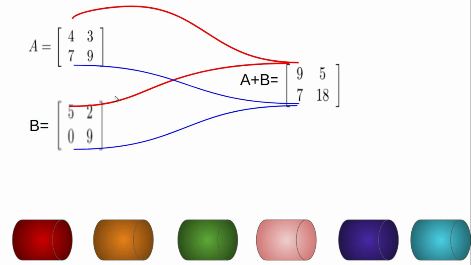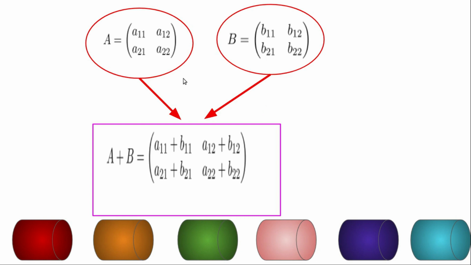A and B are of same order and A plus B is obtained by adding corresponding elements, 4 plus 5, 9, etc. Now consider general form of A and B. A is a 2 by 2 matrix, B is a 2 by 2 matrix. A equal to A11, A12, second row A21, A22, and B, B11, B12, B21, B22.